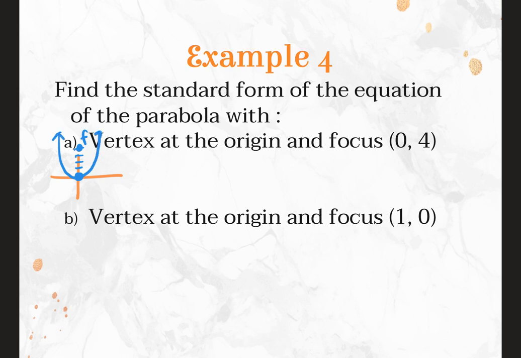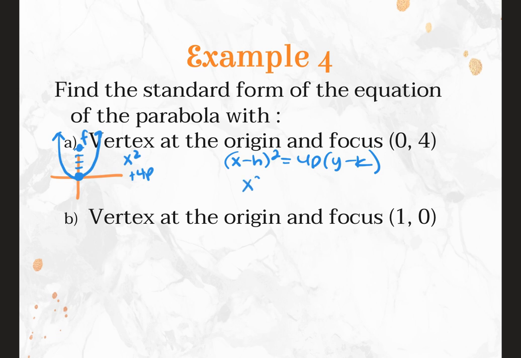Good. If it goes up, what variable is squared? X is squared. And is the 4p positive or negative? Positive 4p. Now I'm going to do my equation. So I can do x minus h squared equals 4p times y minus k. And I could just make the h and the k 0.